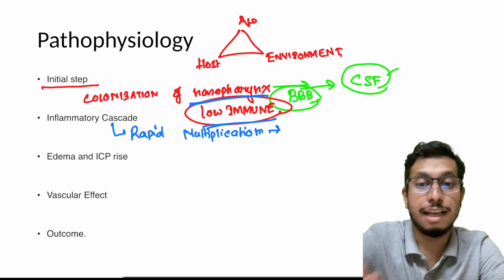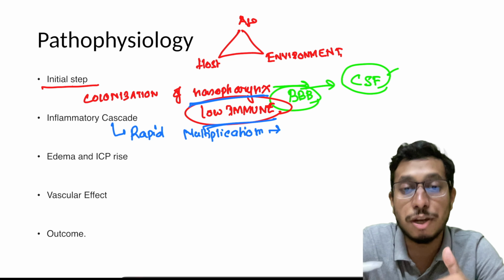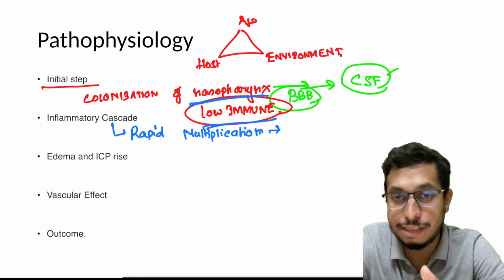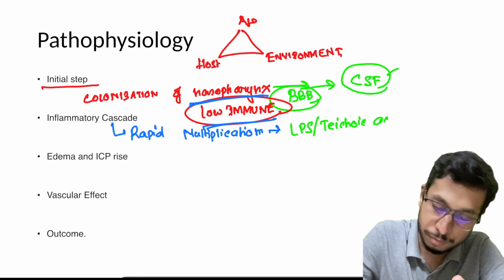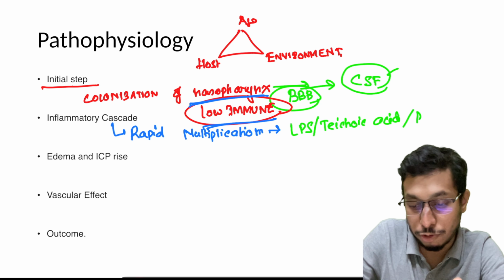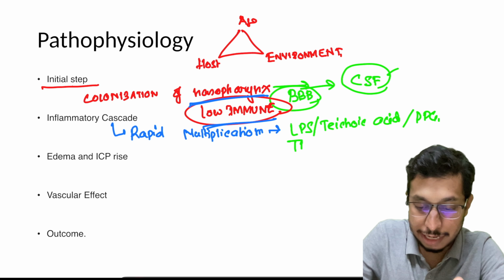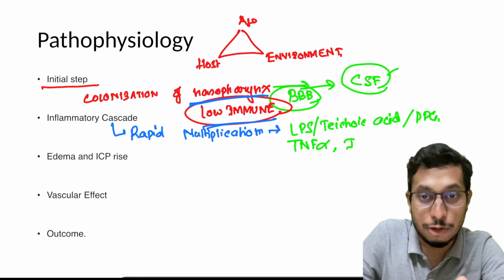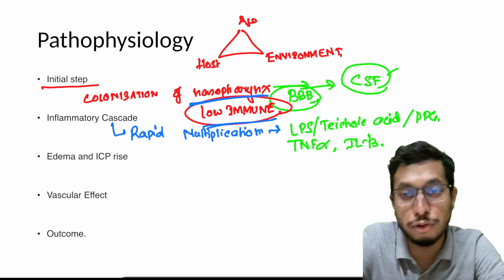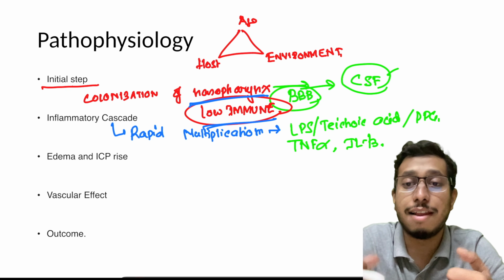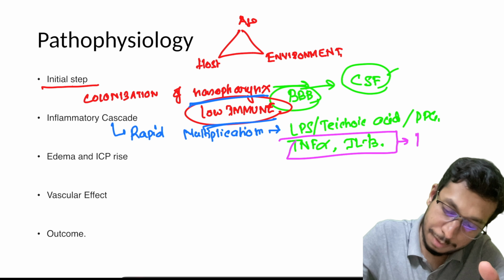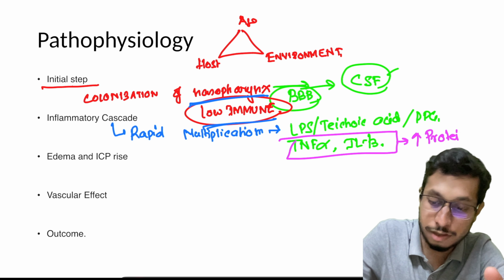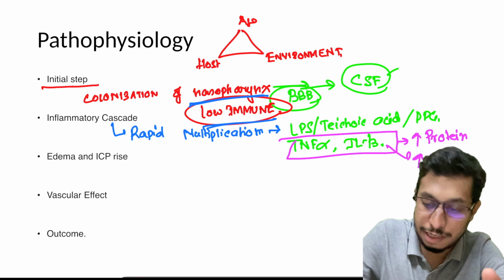Okay, and it produces different inflammatory products due to bacterial lysis, like LPS, teichoic acid, peptidoglycan, then cytokines like TNF alpha and interleukin 1 beta. These are produced and released within hours, resulting in increased protein content and increased WBC content in CSF.